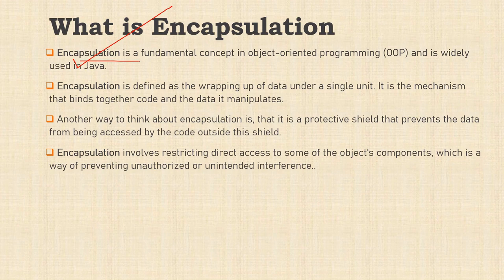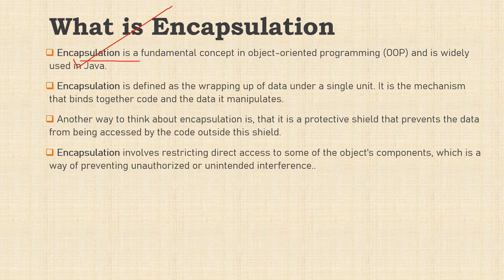Encapsulation involves restricting direct access to some of the object's components, which is a way of preventing unauthorized or unintended interference. So it restricts direct access to your data and prevents unauthorized access. It is always better to use encapsulation if you are doing programming.